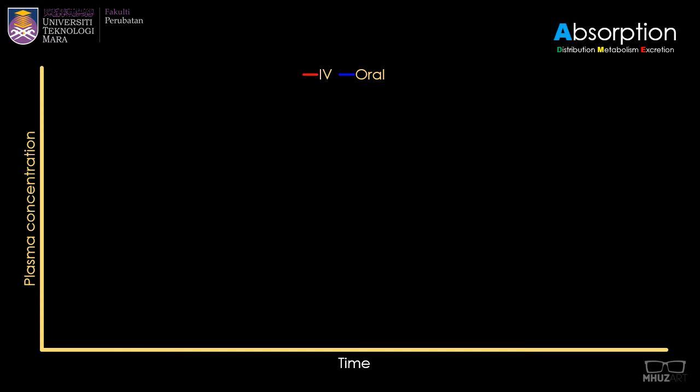In the absorption phase, one parameter is important here, but before that, let's compare the plasma concentration versus time curve of an intravenously administered drug to an orally administered drug.